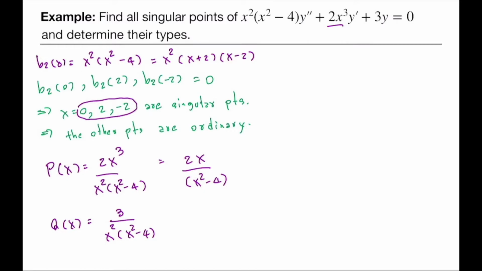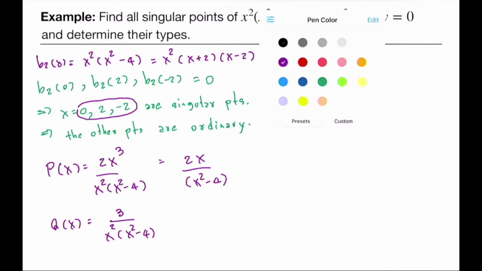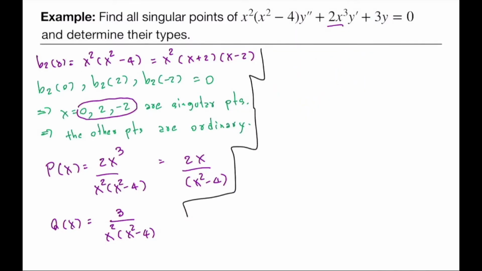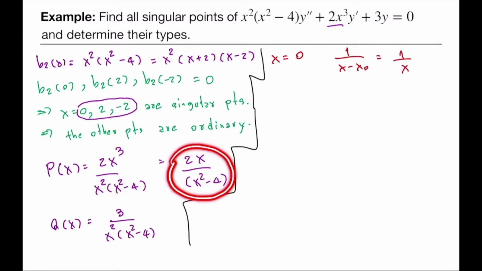Okay, and if we look at the first point, which is x equals 0, 1 over (x minus x0) will be 1 over (x minus 0), so it's 1 over x. And in the factor here, there is no 1 over x, right?